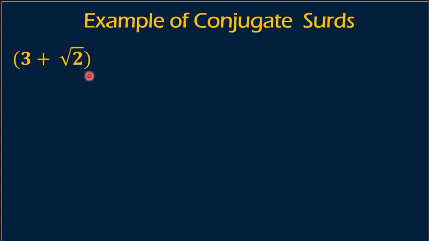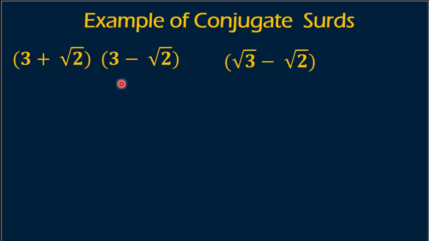If we want to take its conjugate, like we said, the conjugates are the terms that have the same numbers but an opposite sign. And so with this example, the conjugate of 3 plus root 2 will be 3 minus root 2. That is the conjugate of this. The same expression, opposite signs.